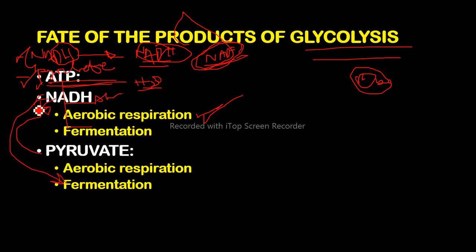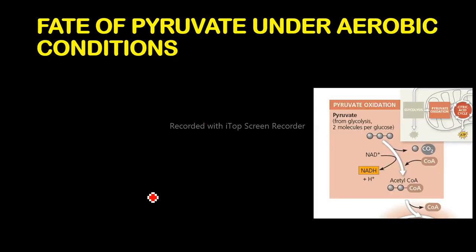It could be lactic acid fermentation or alcoholic fermentation, depending on which organism, to remove them from the cell into a form that can be accommodated by the cell. So now let's first talk about the fate of the products of glycolysis in presence of oxygen.